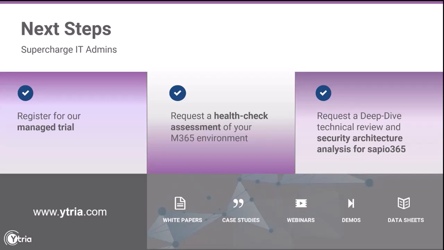If you want to set up a deep dive technical review where we can go into specifics for your GCC High tenant, we'd love to set that up for you, and we can cover all of the security architecture, how we encrypt the data, what we store, and how it's all accessible.